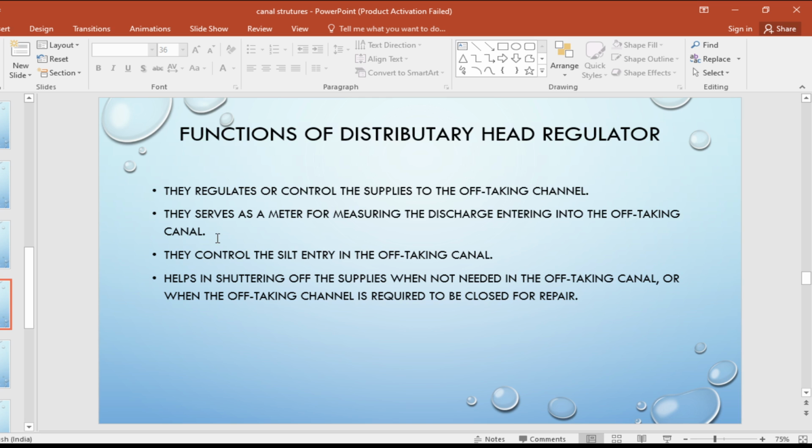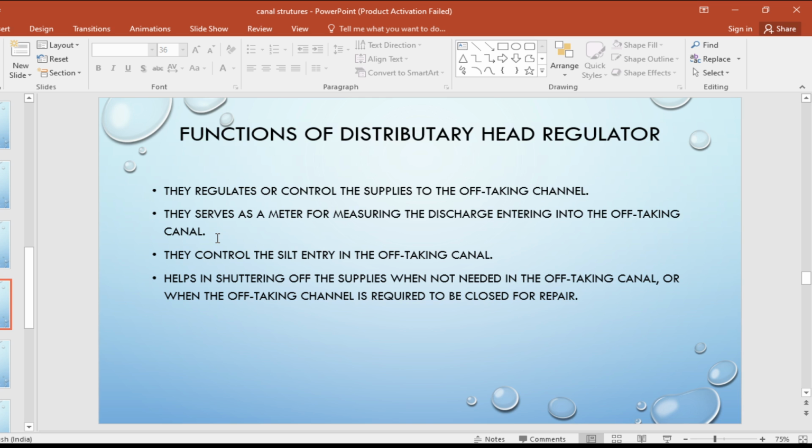Okay, as we have learned in canal fall, that is meter fall. Meter fall is the structure which is used to measure discharge from canal also. In the same manner here, meter is nothing but it can measure the discharge entering into the off-taking canal. As this is a head regulator, it is related to the off-taking canal or a distributary canal.